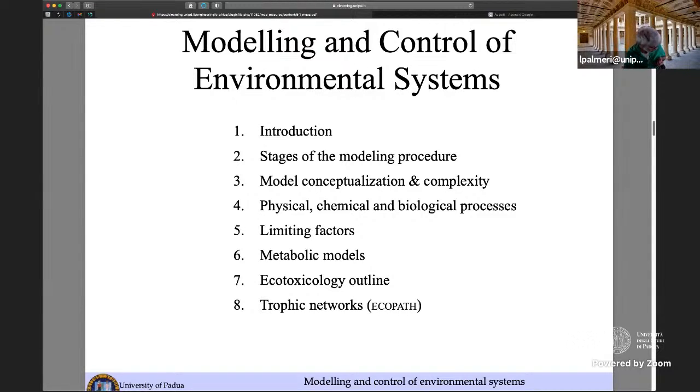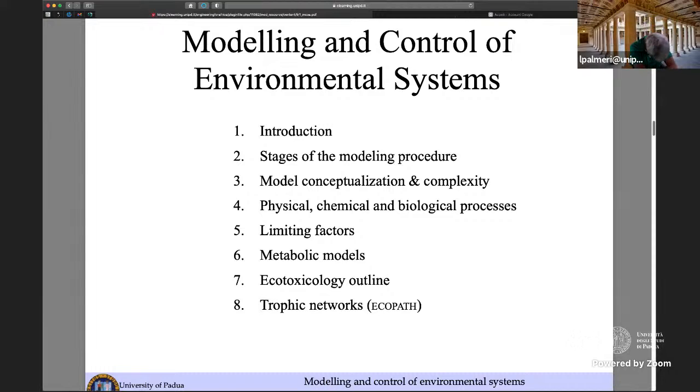By the end of the class, I hope you will be able to practically construct a mathematical model of a real system. Okay, you probably will not be able to do it fully, but at least you will have the tools, the basic information that will guide you in finding the resources that you need, especially in understanding what you will read, finding and understanding the resources that you will need in order to build a mathematical model.